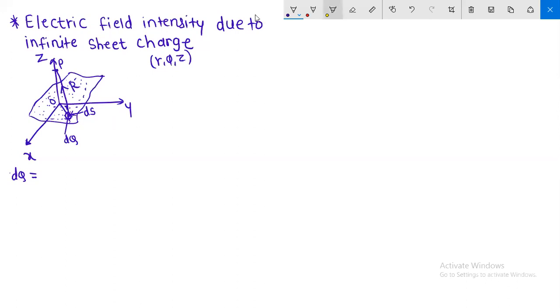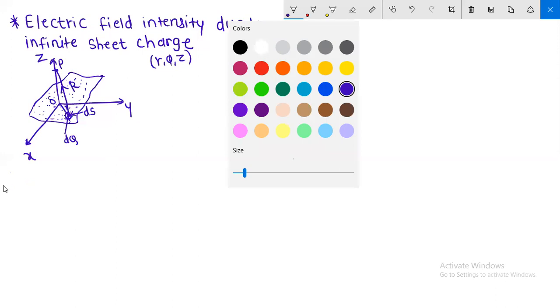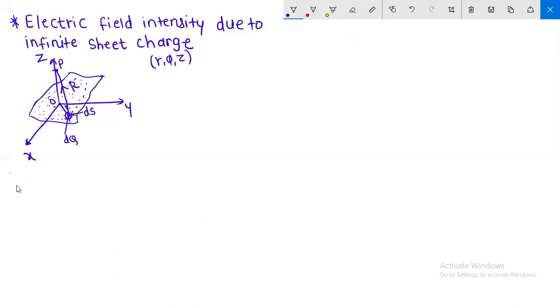First tell me, the sheet charge density or surface charge density is denoted by rho s, and rho s is equal to the limit as delta S tends to 0 of delta q upon delta S. Correct. So dq is equal to rho s into ds.